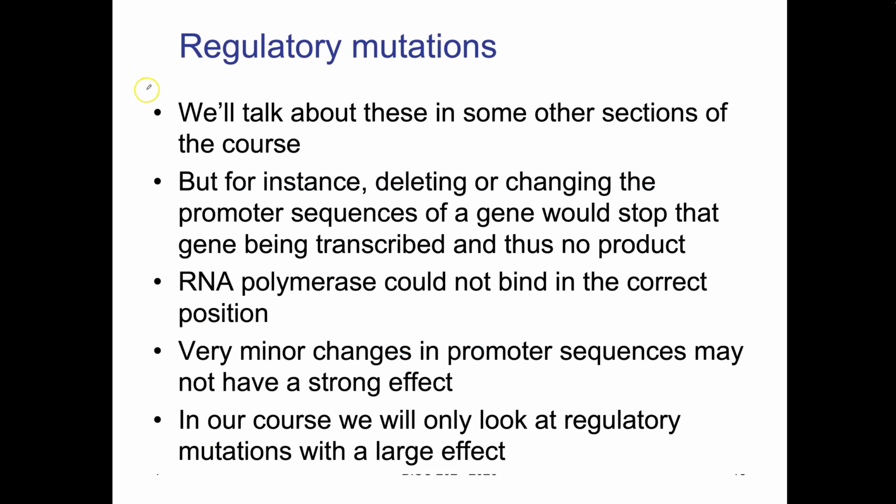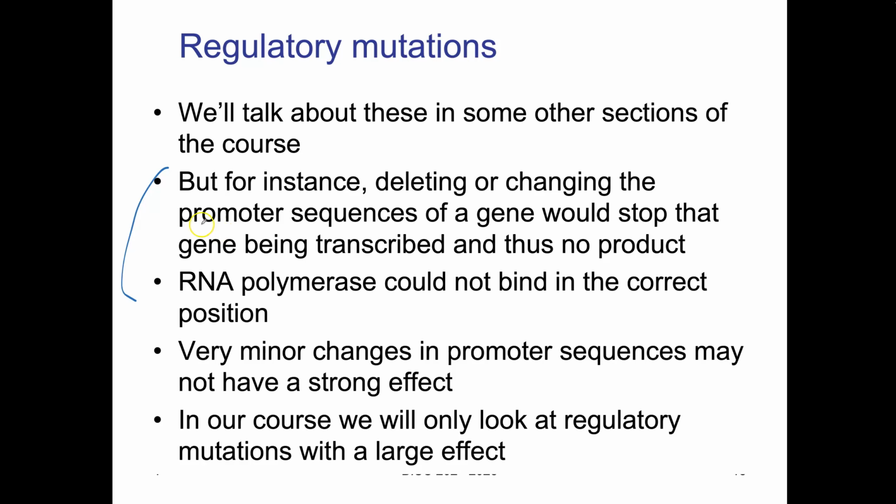Okay, so we'll also talk about regulatory mutations, and we'll talk about them later on when we talk about gene regulation in prokaryotes. Maybe if we have time, we'll look at some eukaryotic stuff, but most likely we'll stick with the prokaryotes. But just think in general, if you were to delete a promoter sequence of a gene, your RNA polymerase can't bind, right? So you're not going to get any transcription, and therefore you're not going to get any protein.